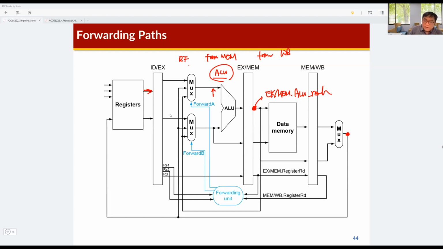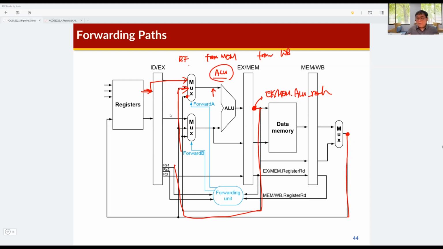So this input of the ALU can receive the data from the register file. This is the normal case, and then data from this path here, and then data from this path here.